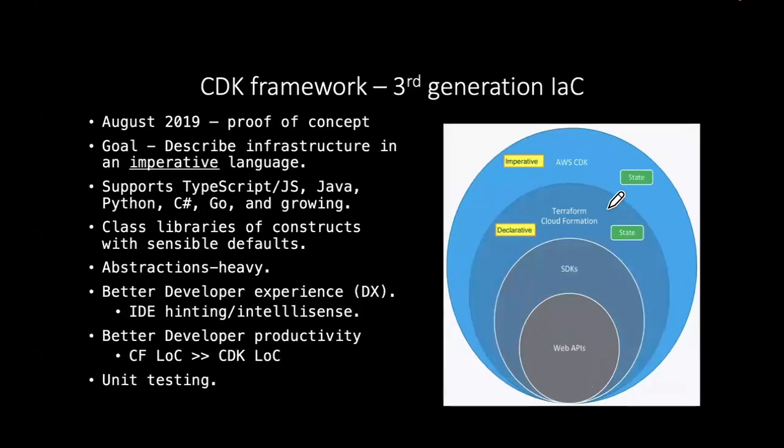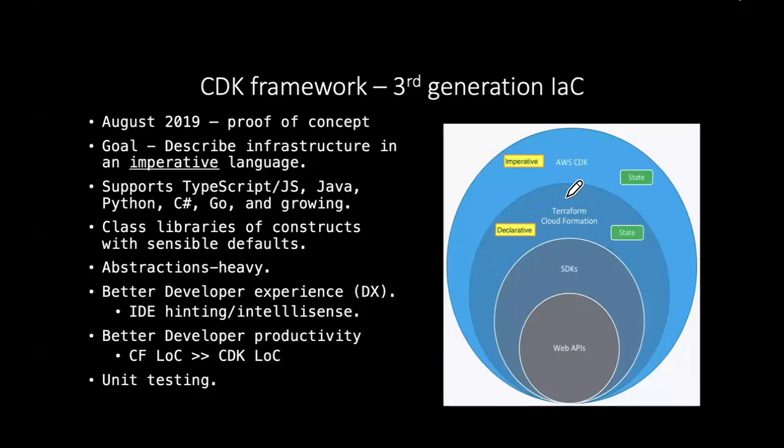Enter the CDK framework, which is an AWS specific framework, does not work with the other providers. So that's one of the downsides of it. And so in terms of our layering here, our onion layers, the CDK framework talks to the CloudFormation service. It also understands state management.